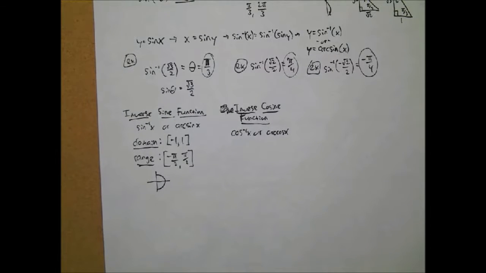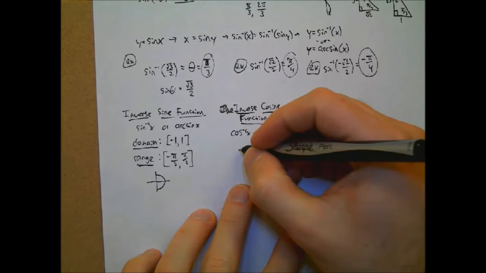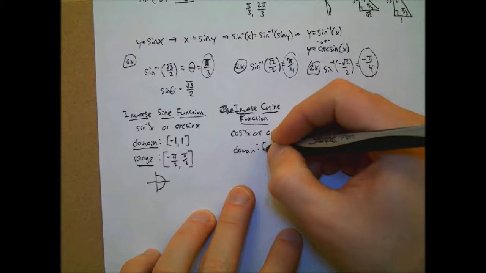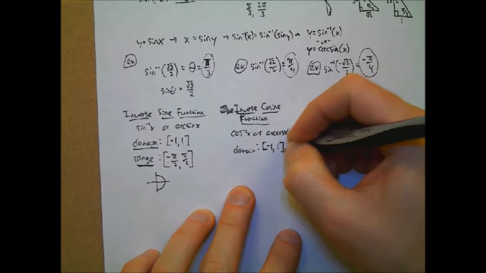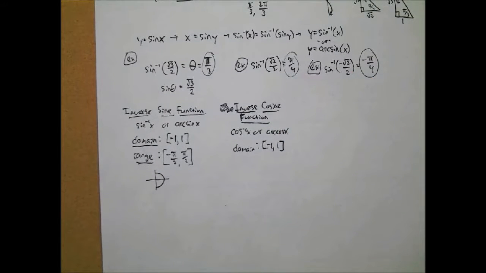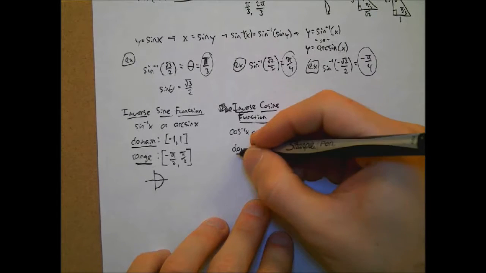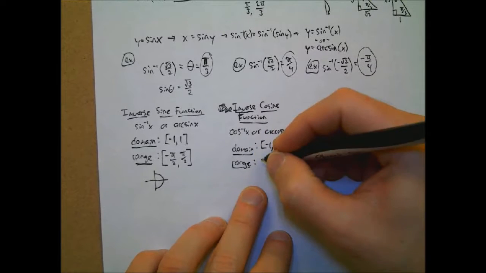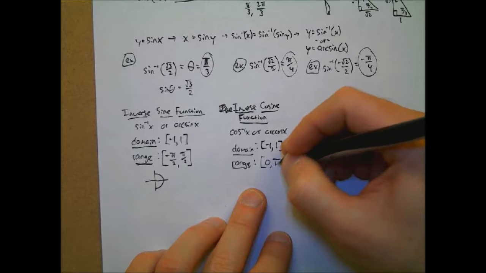Its domain is also negative 1 to 1, just like sine, because again, cosine's the original graph of cosine. Its y values go from negative 1 to 1, so then the inverse would have the x values going from negative 1 to 1. Okay. Its range, though, is from 0 to pi. Okay, 0 to pi.